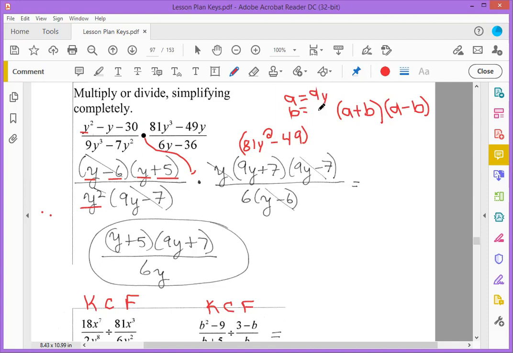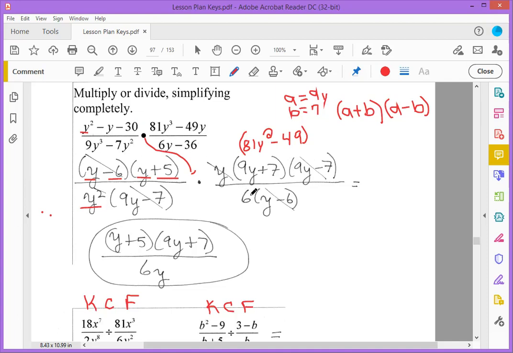Our B term, 49, what are we squaring to get 49? It's 7. So everywhere we see A, we're going to plug in 9y. So we'll have 9y plus and 9y minus, and then our B term is 7. So 9y plus 7, 9y minus 7.